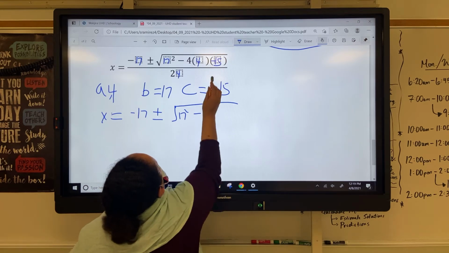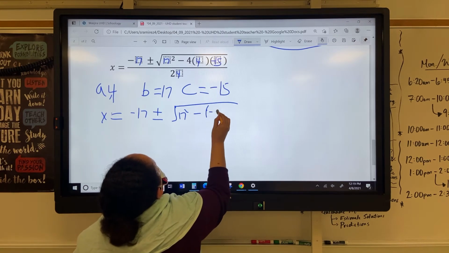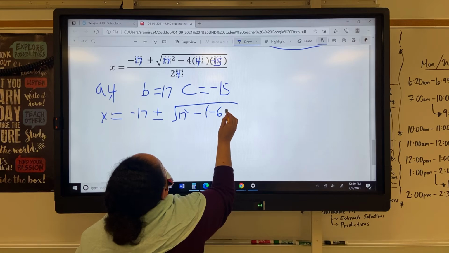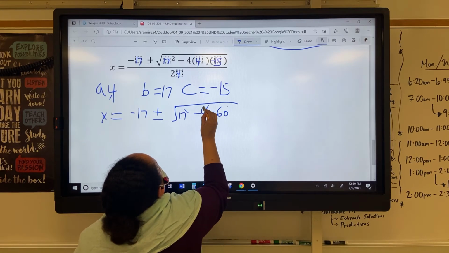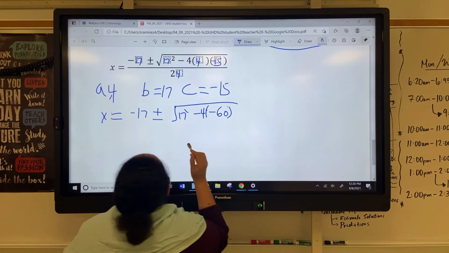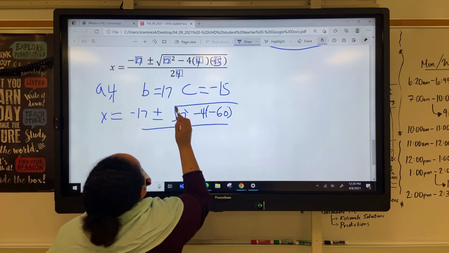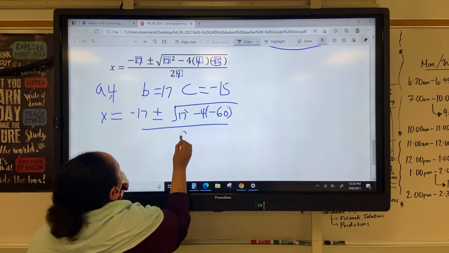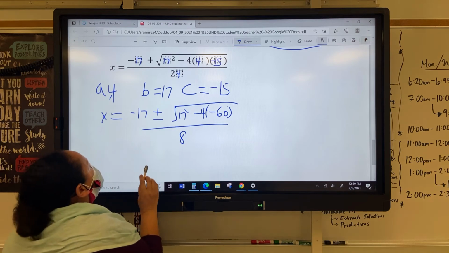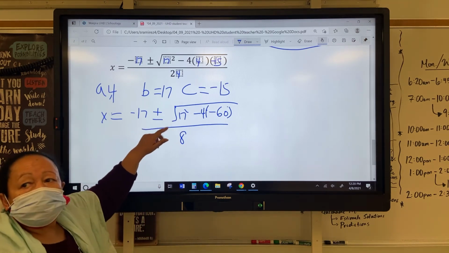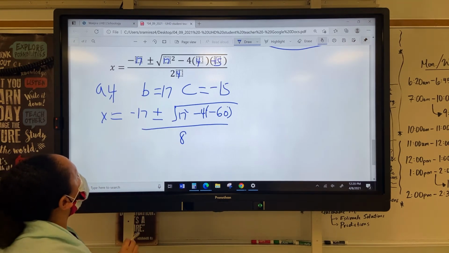Let me just write it down. Minus 60. And we have 4 here, over 2 times 4 is 8. So you do this in the calculator, 17 squared.